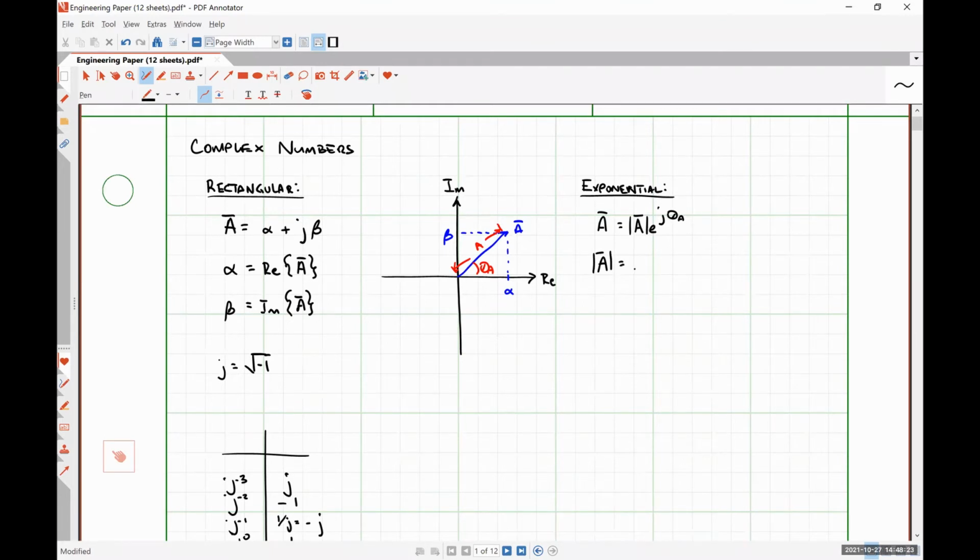So how would we determine the magnitude of this complex number? Anybody have any thoughts? Exactly right. Good old Pythagorean theorem. Square root of alpha squared plus beta squared gives us our magnitude.